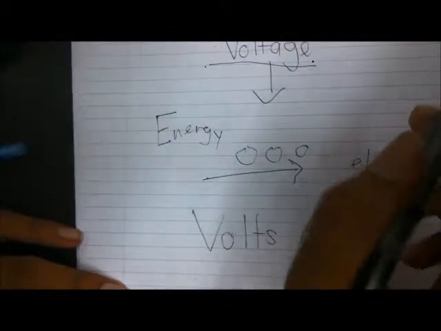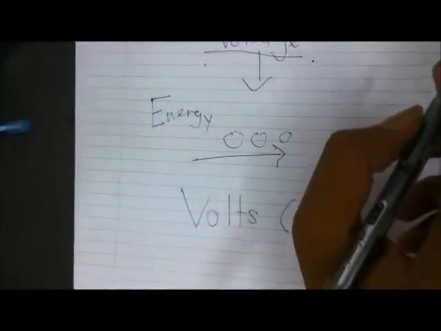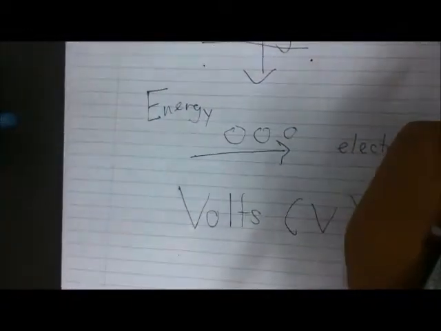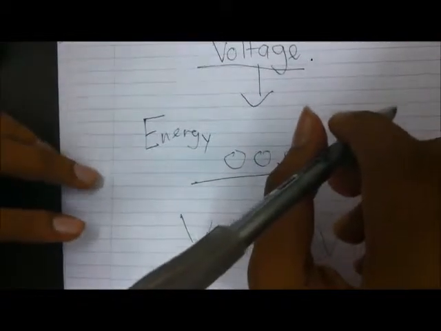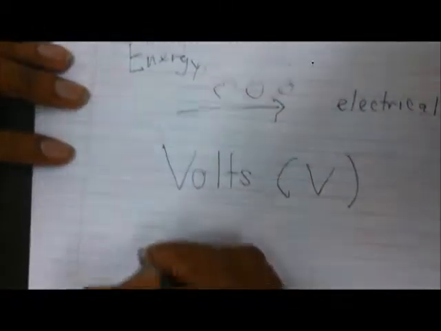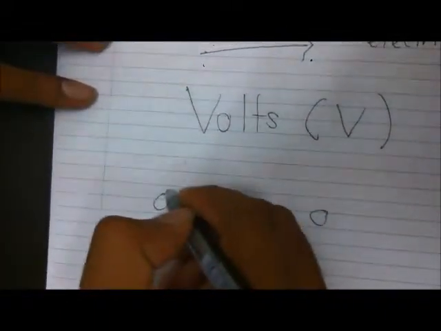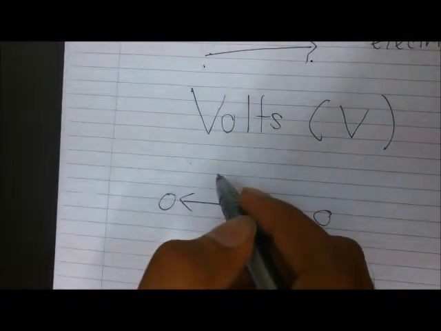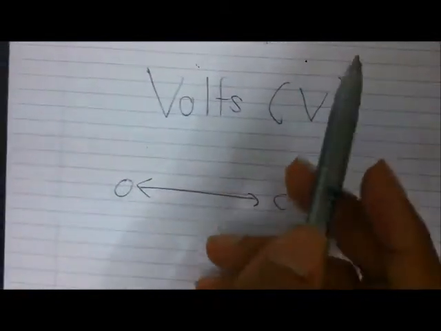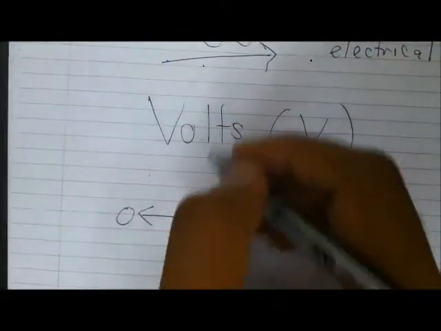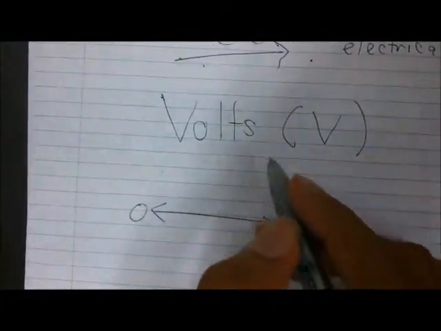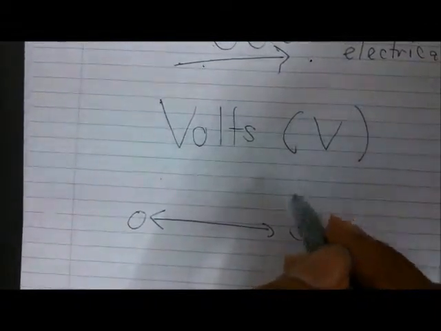Voltage can also be defined as the potential difference between 2 points, because the potential difference of those 2 points gives rise to the energy that is used to move a coulomb of charge.